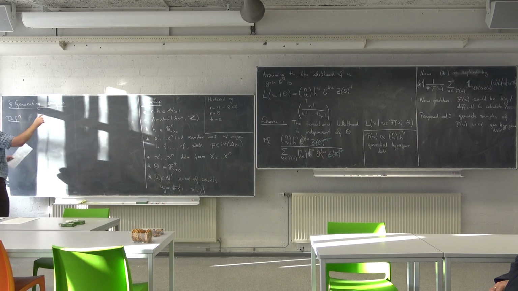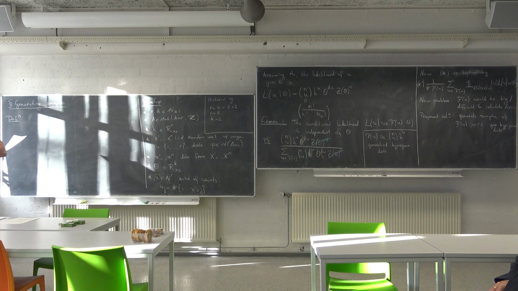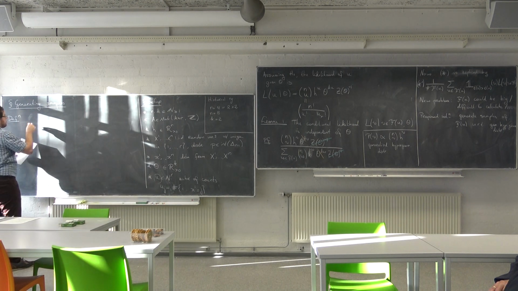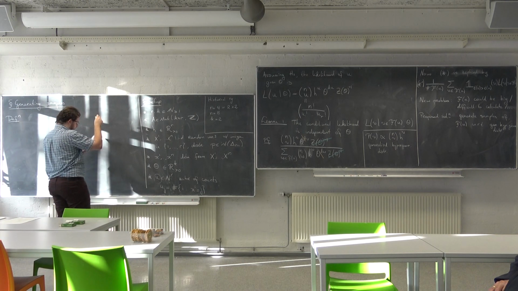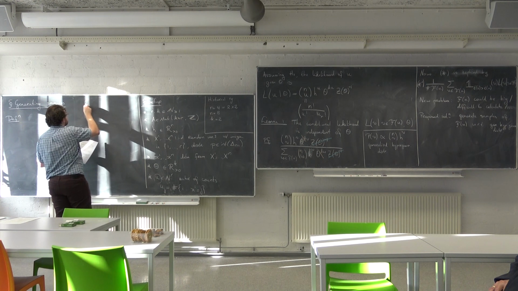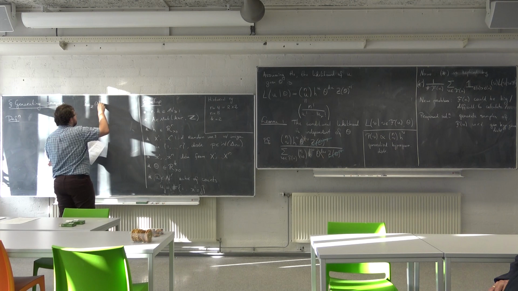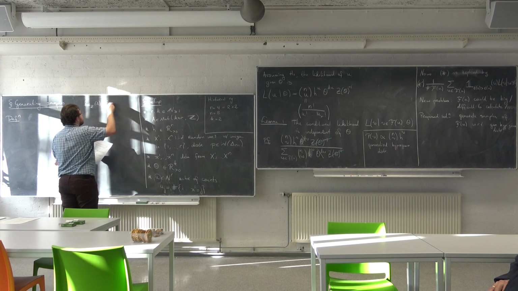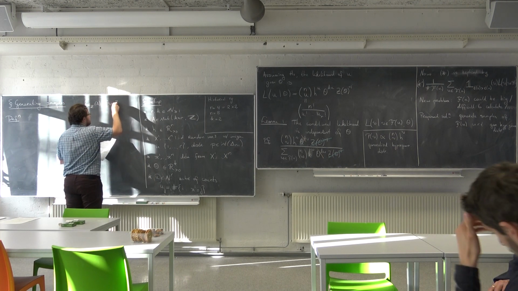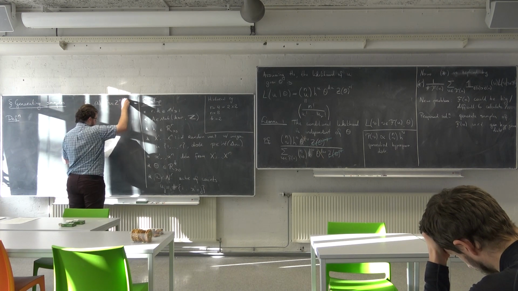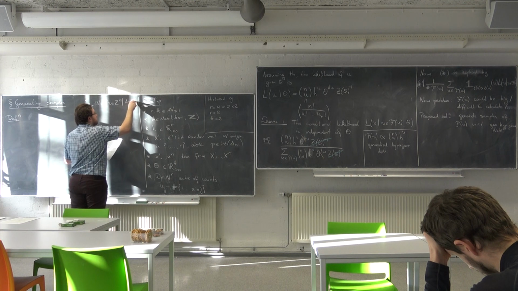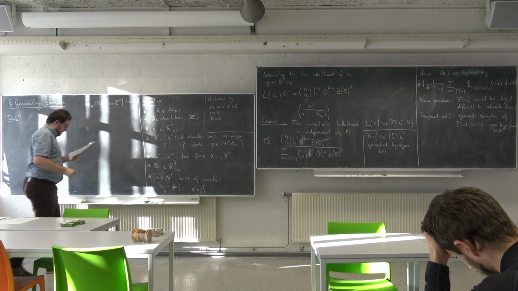So we keep A as such, and remember, we will use the notation kernel of A to be those vectors in Z to the R such that A u equals 0, naturally.